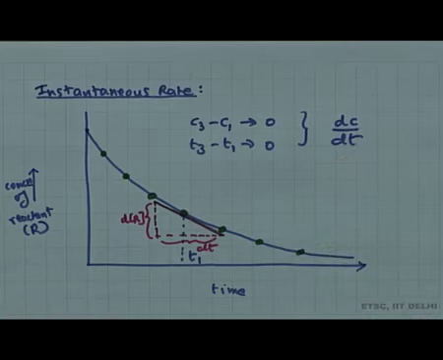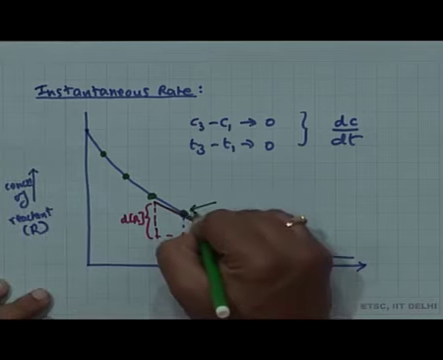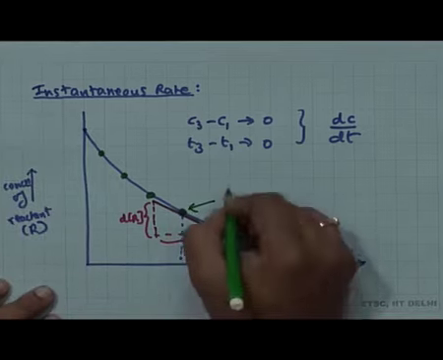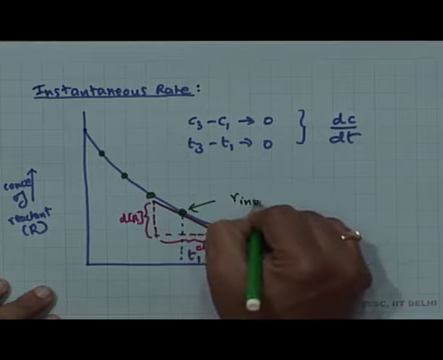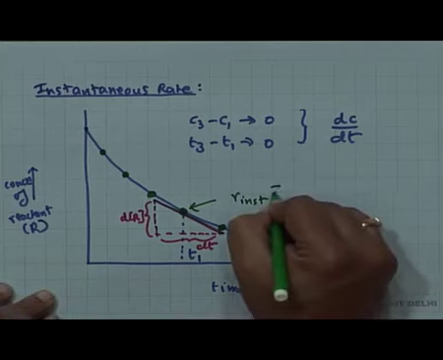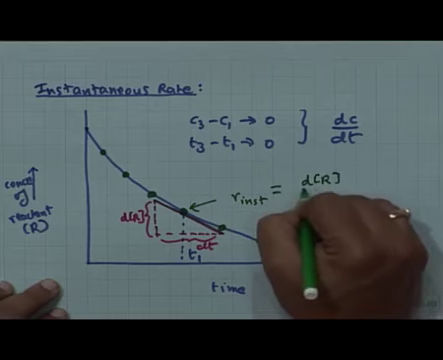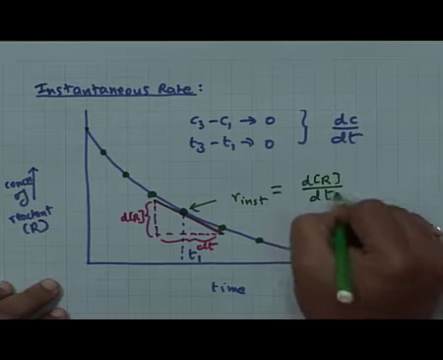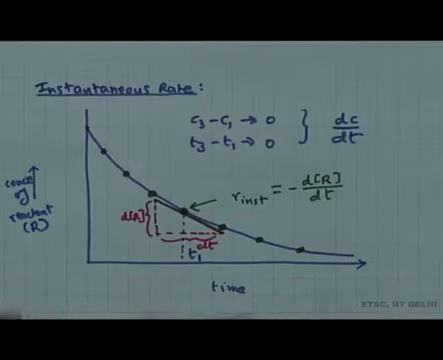Based on this exercise, I can write r instantaneous, the instantaneous rate, is equal to minus dR over dt, with a negative sign before that.